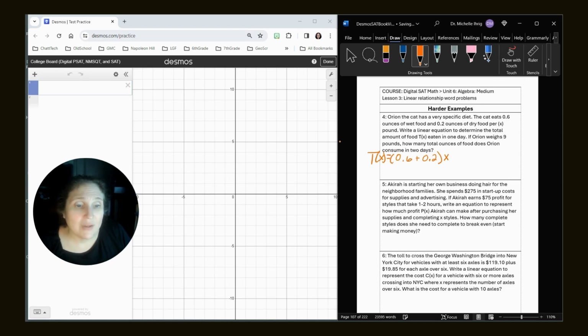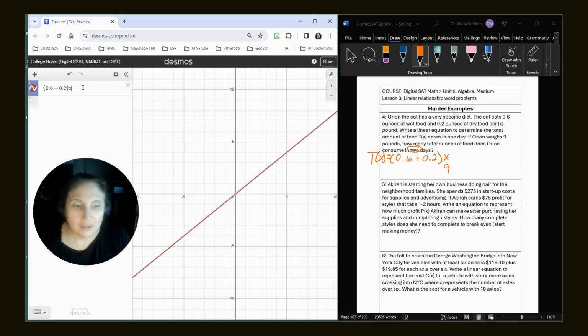And then if Orion weighs 9 pounds, how many total ounces of food does Orion consume in 2 days? That's a very college boardy thing to do. So I'm not going to type t of x in. I'm just going to type the 0.6 plus 0.2x.